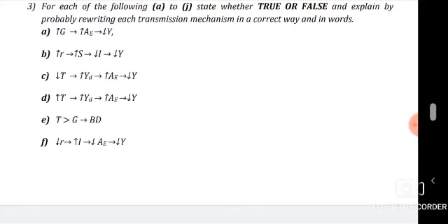E: when tax is greater than G, then it's a budget deficit. BD means budget deficit. Why is that true? If taxes are greater than government expenditure, is that a budget deficit? Well, when taxes are more than government expenditure, it's actually a budget surplus. Understand this?